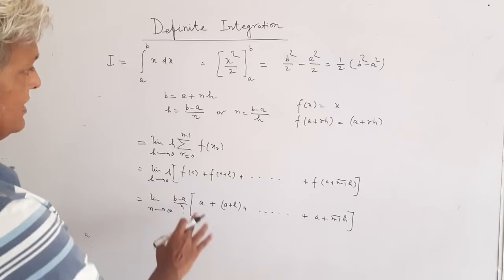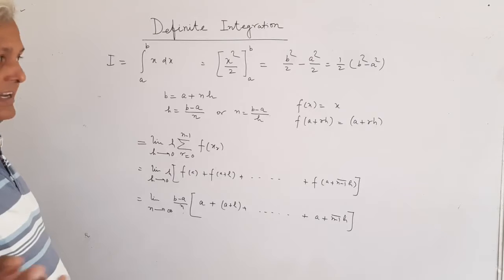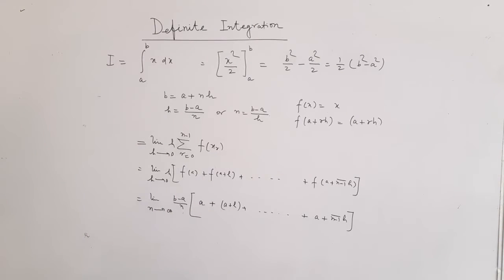It means now if I make a grouping of all of them, then here you just pay attention to this. So this is the limit n tends to infinity of b minus a over n.